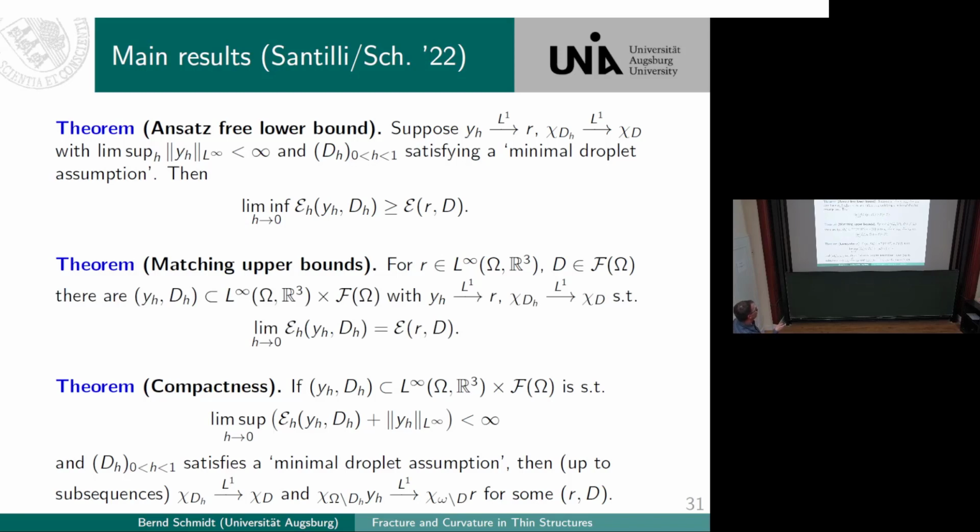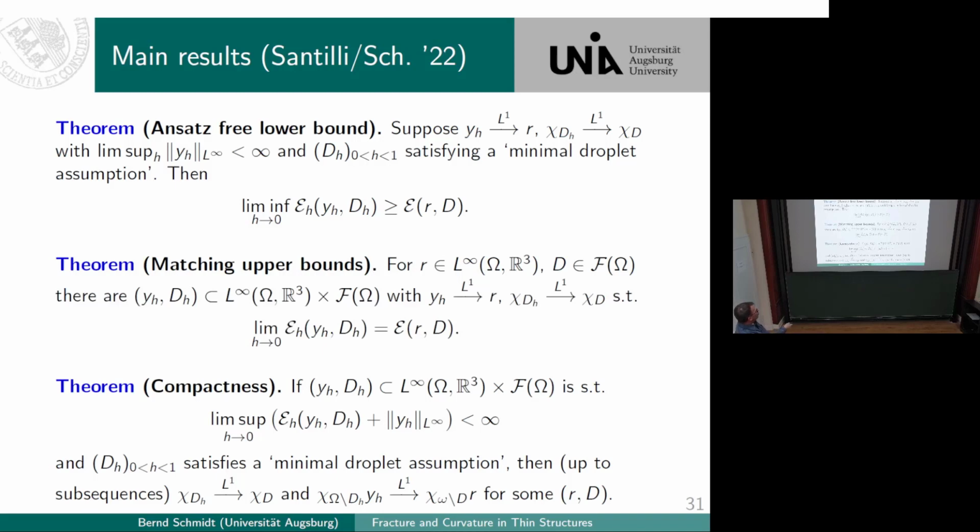And also compactness. What is there to say about compactness? If you have bounded energy and you're also in a finite laboratory, then you find subsequential convergence. The voids converge perfectly, but of course, inside the void regions you cannot converge. There's no coercivity inside the voids. You cannot expect that the deformation converges inside the voids.